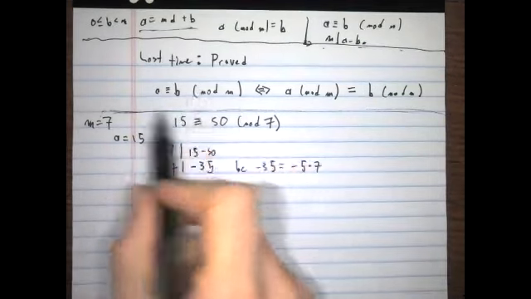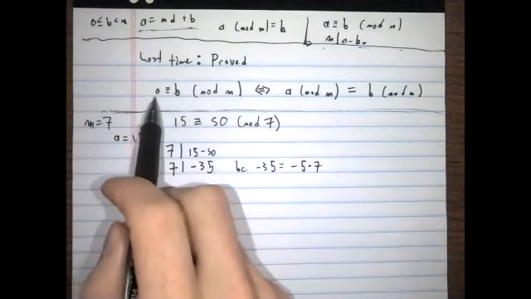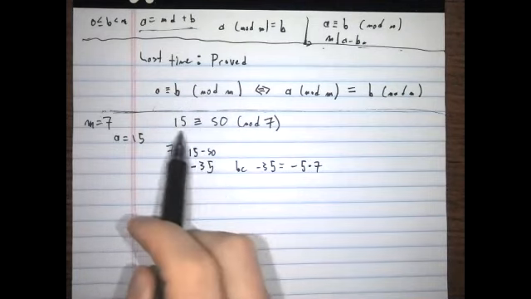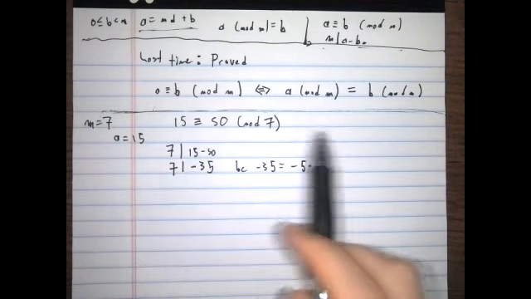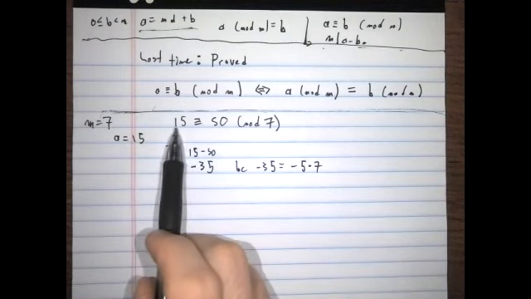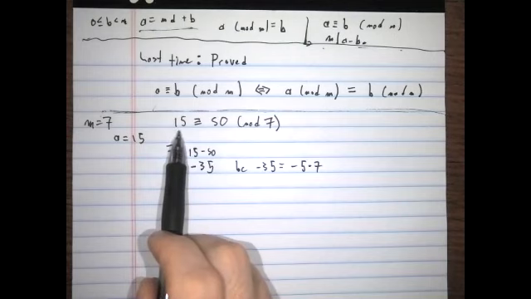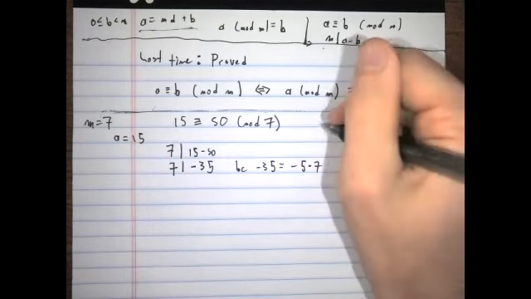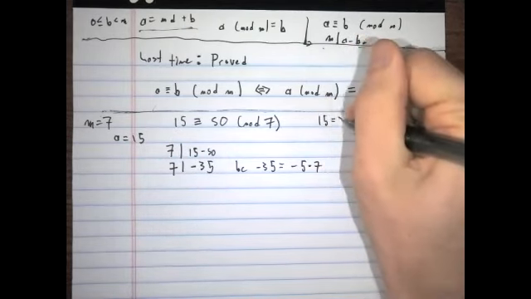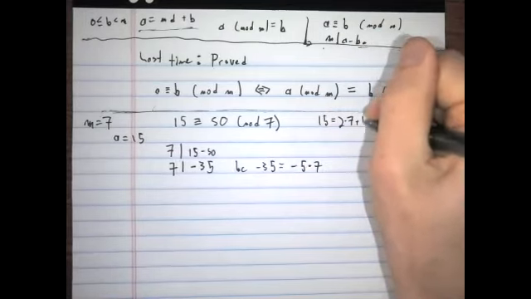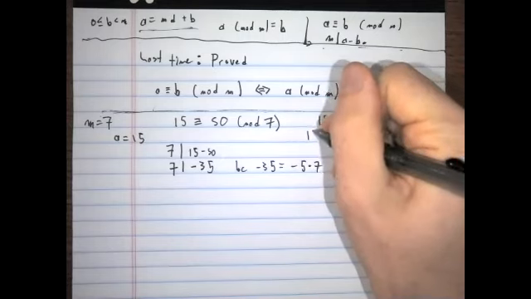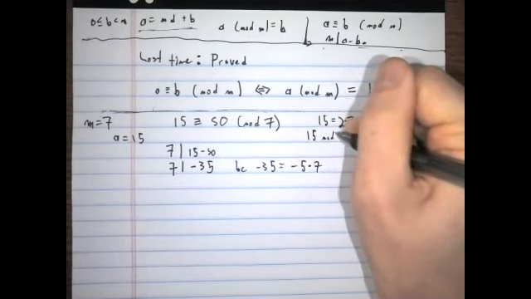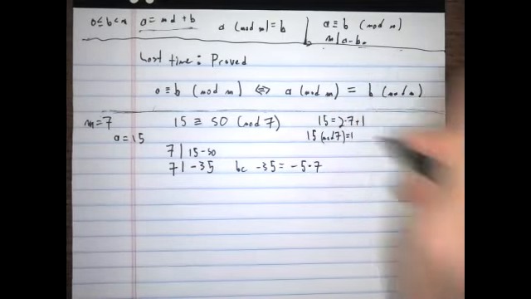Okay, so we've checked on our own that A is congruent to B mod M. 15 is congruent to 50 mod 7. We just used the definition. But now the question is, what are the remainders when I apply the division algorithm? Well, 15 is equal to 2 times 7 plus 1. So 15 mod 7 is equal to 1.